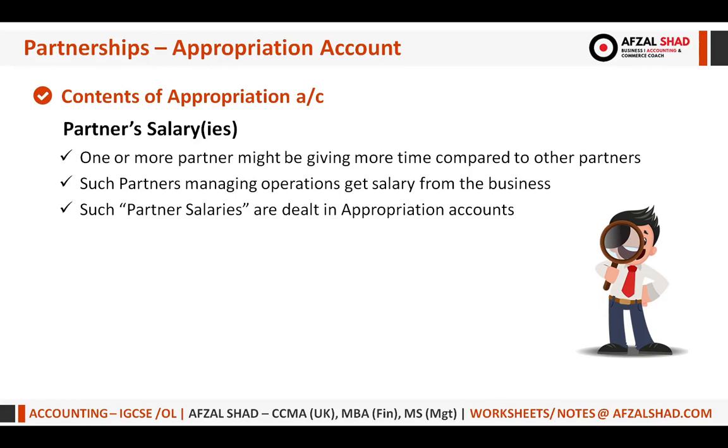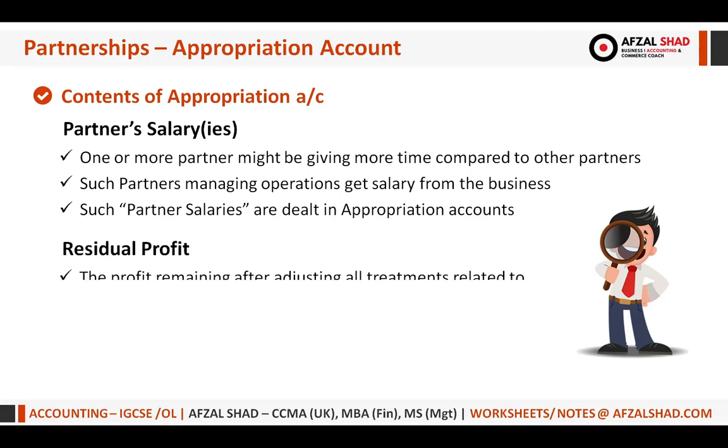So partner salary is going to be dealt with in the appropriation account. Employee salary is going to be dealt with in the income statement. Partner salary is going to be dealt with in the appropriation account. So any partner who is managing the operations should get a salary from the business, and these salaries are dealt with in the appropriation account.